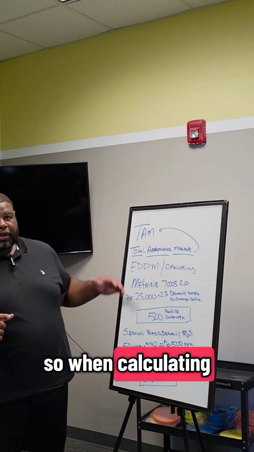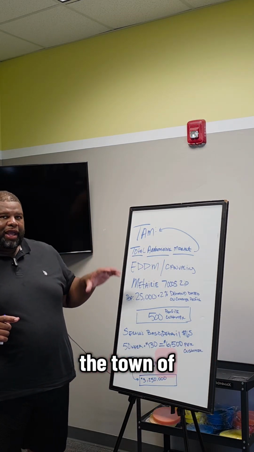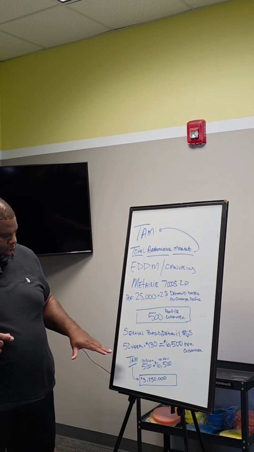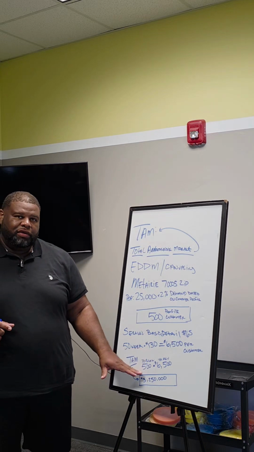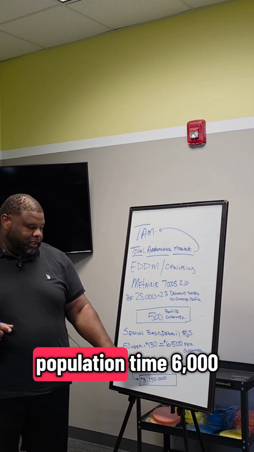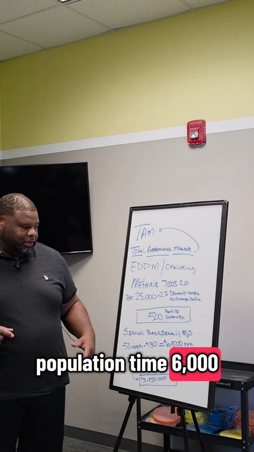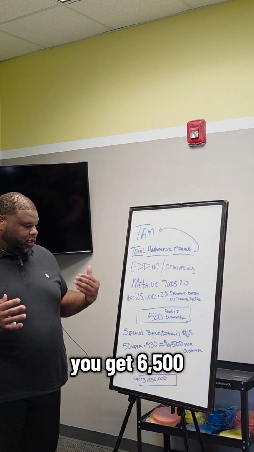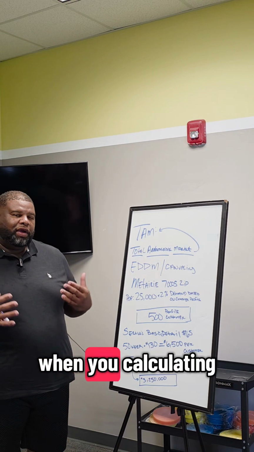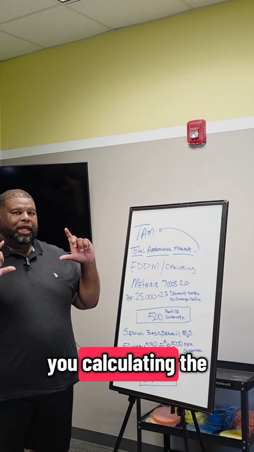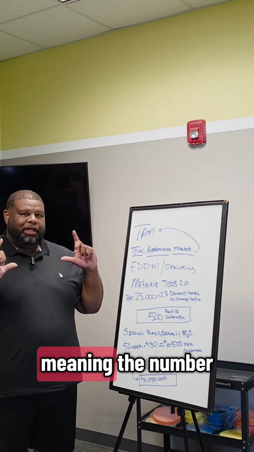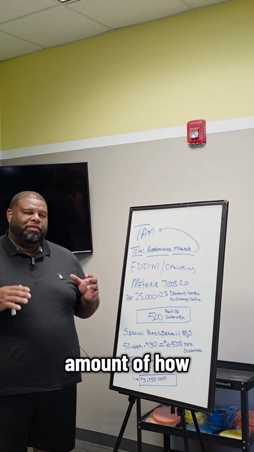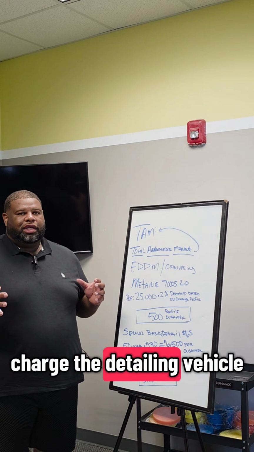So when calculating the TAM of an area, you're calculating the population, meaning the number of people in that particular area, and the dollar amount of how much you're going to charge to detail a vehicle.